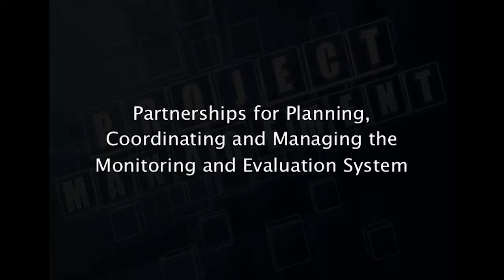The third is partnerships for planning, coordinating and managing the monitoring and evaluation system. A prerequisite for a successful monitoring and evaluation system, whether at organizational or national level, is the existence of monitoring and evaluation partnerships. Partnerships for M&E systems are important for organizations because they complement the organization's M&E efforts in the M&E process.